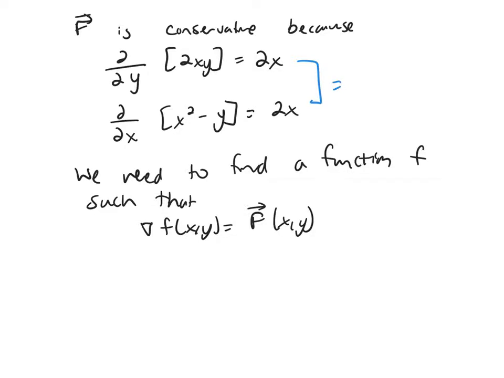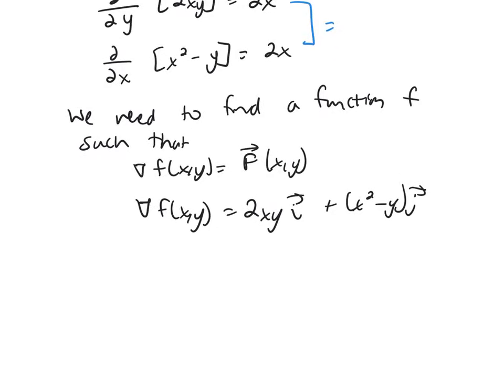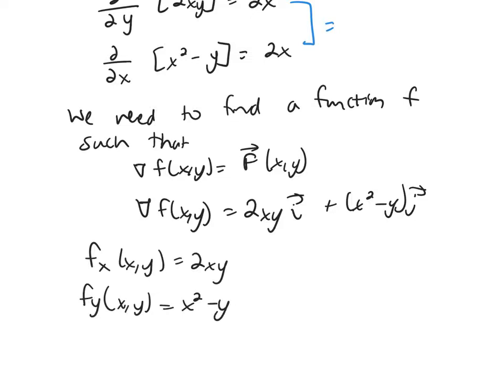So the gradient of f needs to be 2xyi plus x squared minus yj. What this means is that the partial derivative of f with respect to x would be 2xy, and the partial derivative of f with respect to y would be x squared minus y.